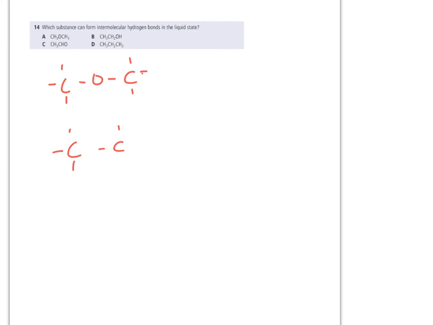CH3CHO is telling me there's going to be an H up there, and then the oxygen's double bonded. So again, with C, it's not actually bonded between the oxygen and hydrogen. B, the CH3CH2 and then the OH, there I've actually got an opportunity for a hydrogen bond, and D doesn't even have any of the fun atoms, fluorine, oxygen, or nitrogen in it. So B can form the hydrogen bond in the liquid state.